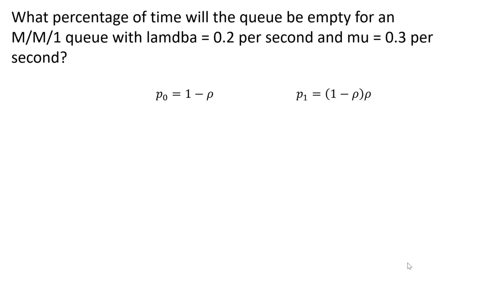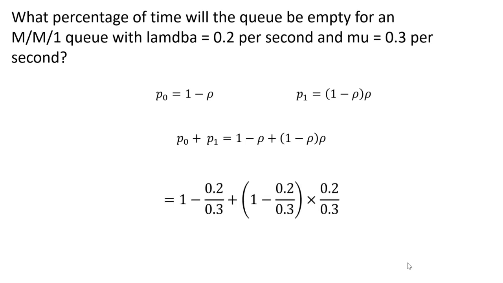So you have to add p sub 0 and p sub 1. p sub 0 is 1 minus rho, p sub 1 is 1 minus rho times rho, and that ends up being 56%. So that's not bad.